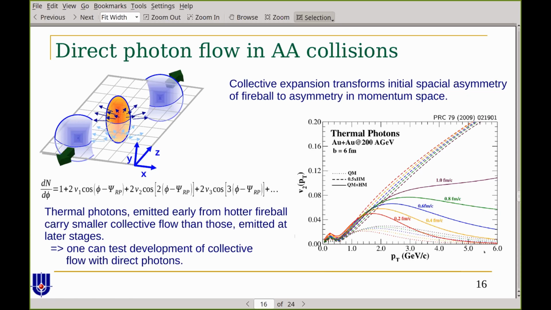You see that indeed the collective flow of thermal photons emitted from quark-gluon plasma is much smaller than the collective flow of hadronic gas. The colors correspond to different times when you start your hydrodynamic expansion. If you start later, you have a small contribution of quark-gluon plasma, and you see larger and larger final flow of direct photons.